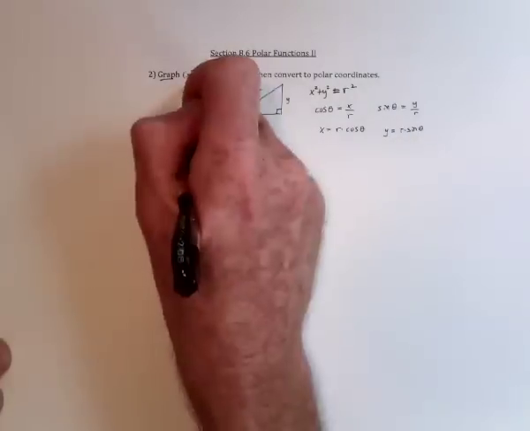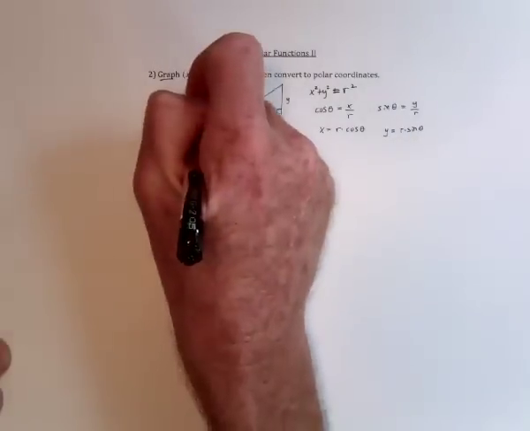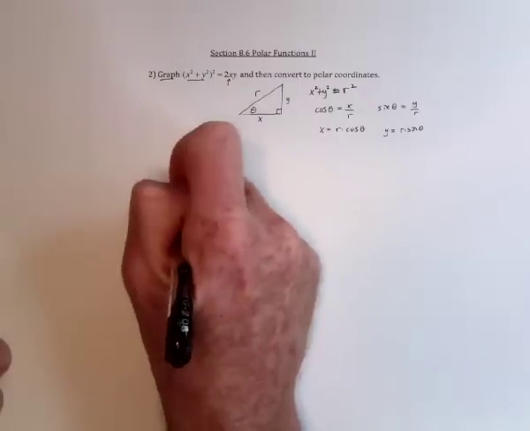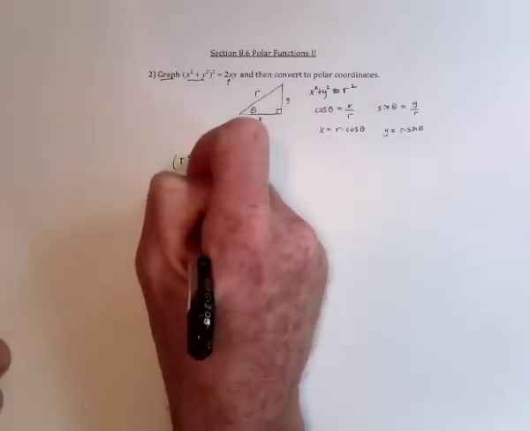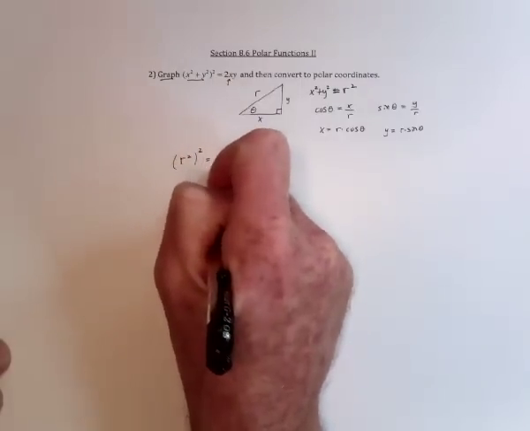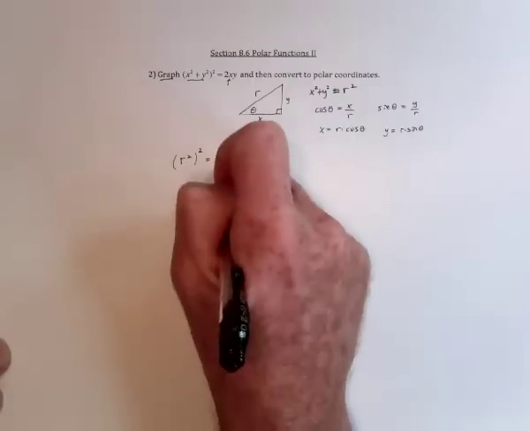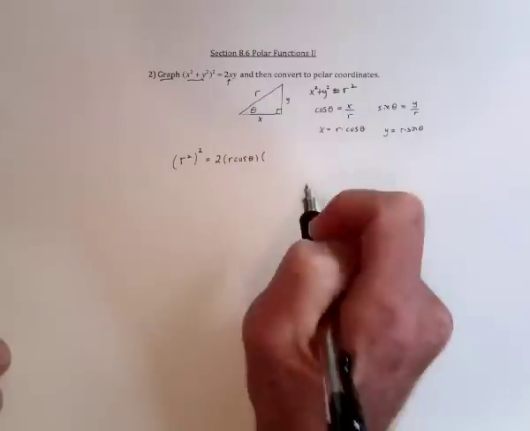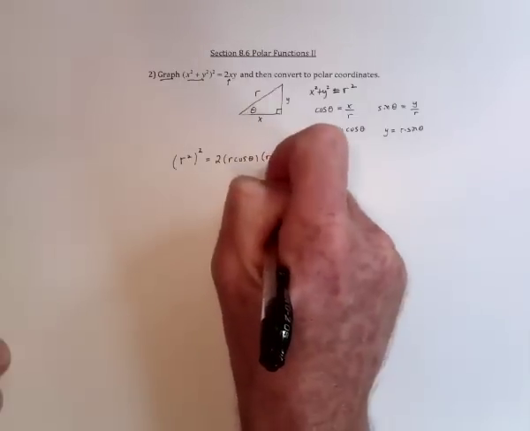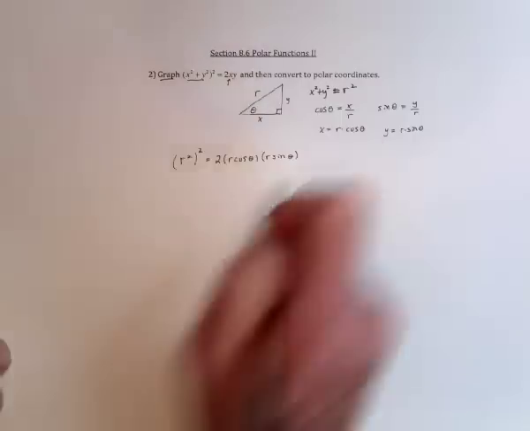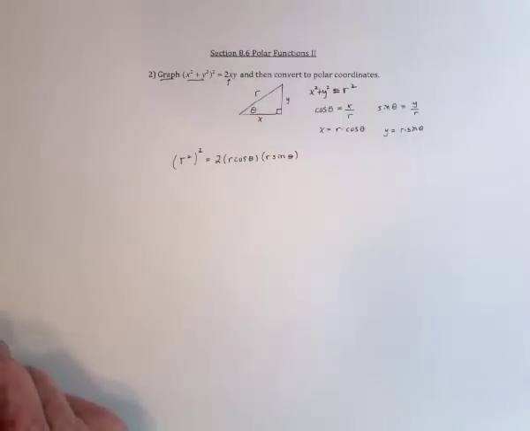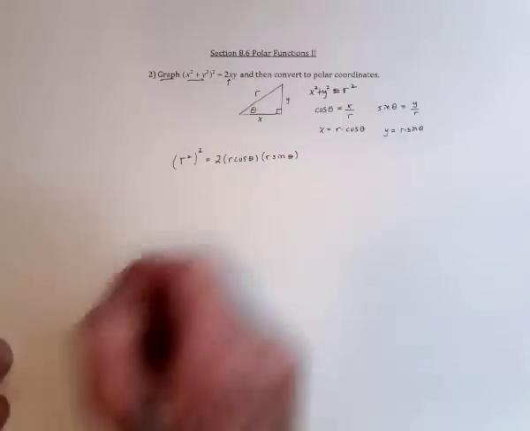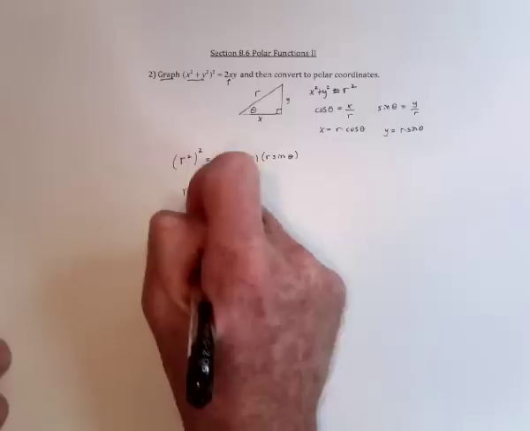And so over here we would have the x squared plus y squared gets replaced with r squared, and then it's squared. And then there's 2, and then x is equal to r cosine of theta, and y is equal to r sine of theta. And then this is r to the 4th.